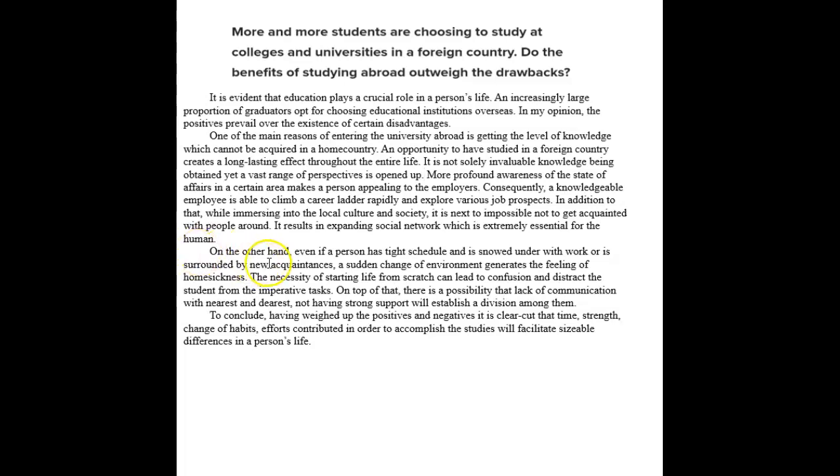So that being said, even if a person has a tight schedule and is snowed under with work or is surrounded by new acquaintances, a sudden change of environment generates the feeling of homesickness. Okay. The necessity of starting life from scratch can lead to confusion and distract the student from the imperative tasks.